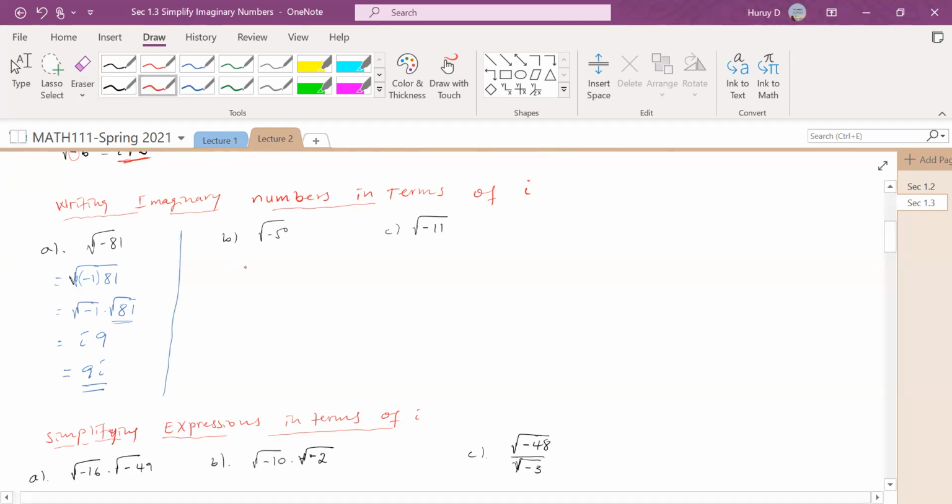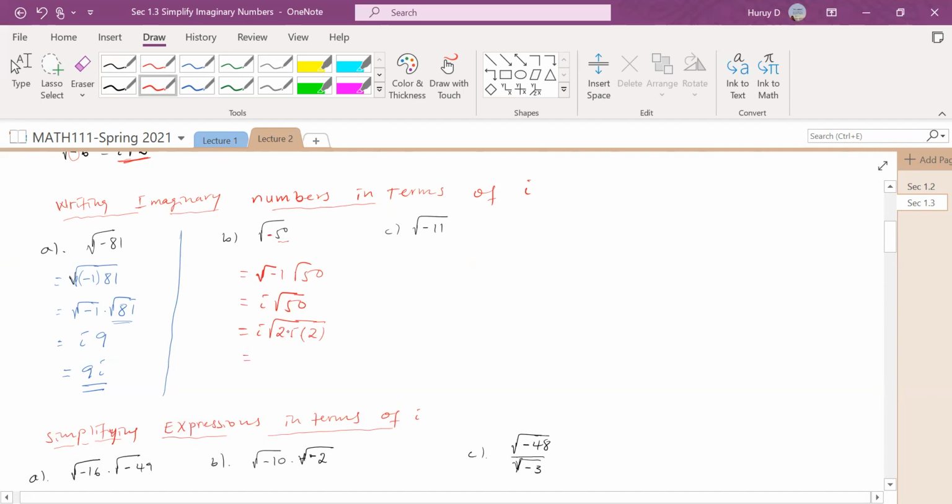Now, how about the second one, square root of negative 50? Here we have a negative, so this is the square root of negative 1 times the square root of 50, which is i times the square root of 50. You can simplify this further, because 50 is 25 times 2, and 25 is a perfect square.